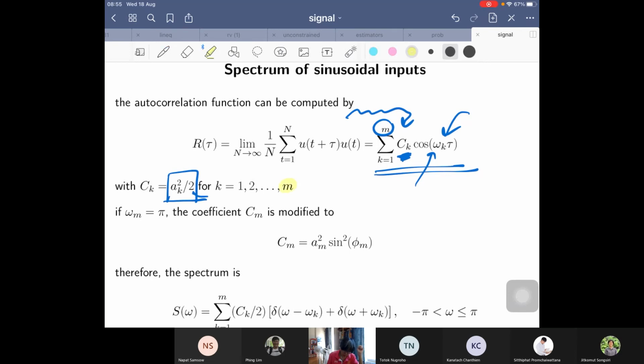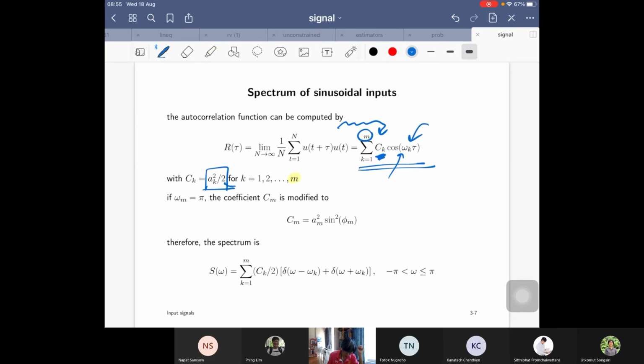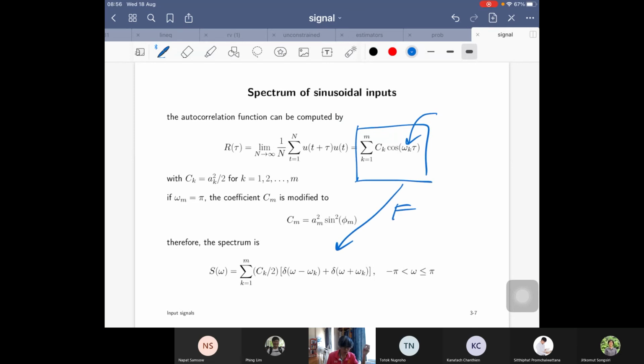Recall again, what's the M? M is the number of frequency components in the sinusoidal input. If omega m equals pi, from the analysis we need to modify c_m a little bit, and it turns out to be a_m squared times sine squared phi_m. And from this result, it's very automatic. If you have a sum of cosines at certain frequencies, the spectrum, which is the Fourier transform of autocorrelation, follows.